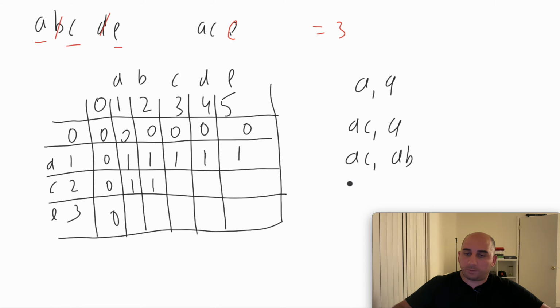The subproblem that we are solving right now is AC and ABC, right? We see that C is equal to C, and we need to take the value that we have already solved. So we need to take the value of AB, right?